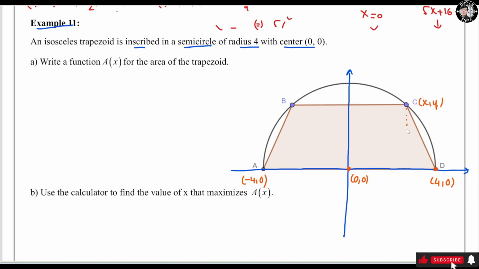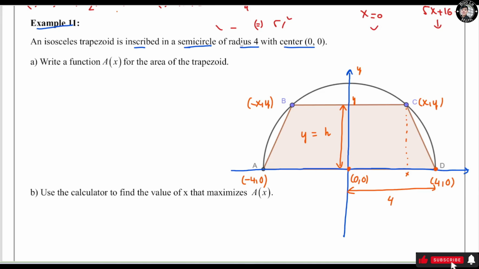This one is the s coordinate, this one is the y coordinate. Then by symmetry, point B right here has the coordinates negative s and y. And the distance from here to here is the height of the trapezoid, and it's going to be the y value.